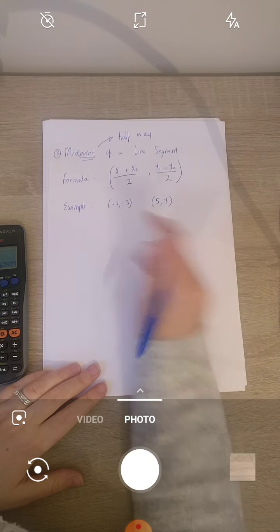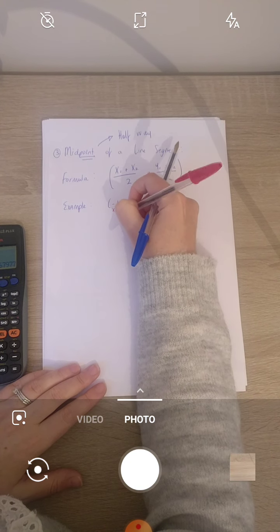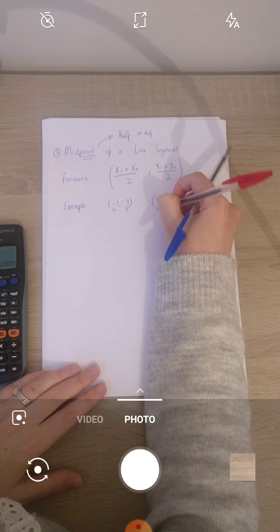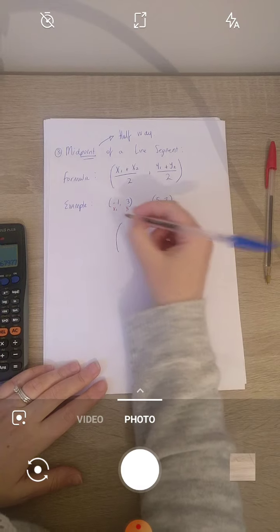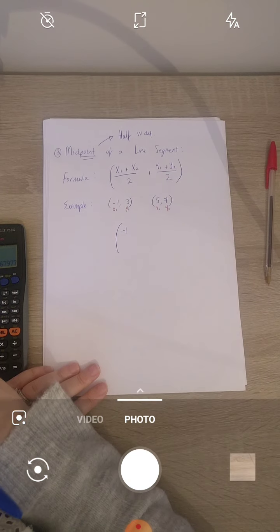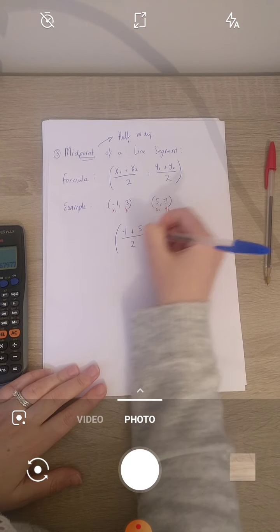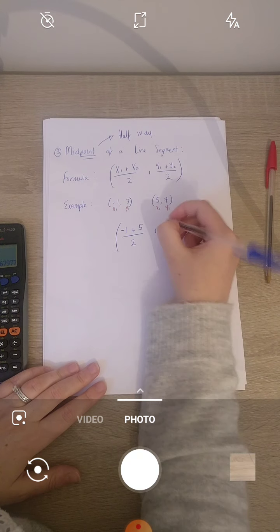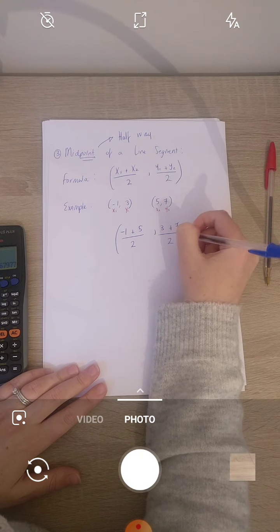So you're going to be given your 2 points. First thing I always do is label x1, y1, x2, y2. Subbing into our formula, we've x1, which is minus 1, plus x2, which is 5, all over 2. y1 is 3, plus y2 is 7, all over 2.